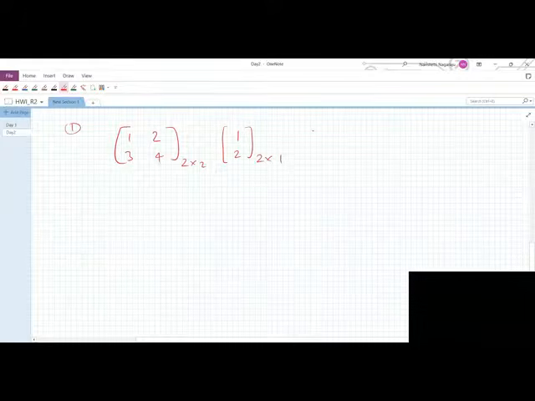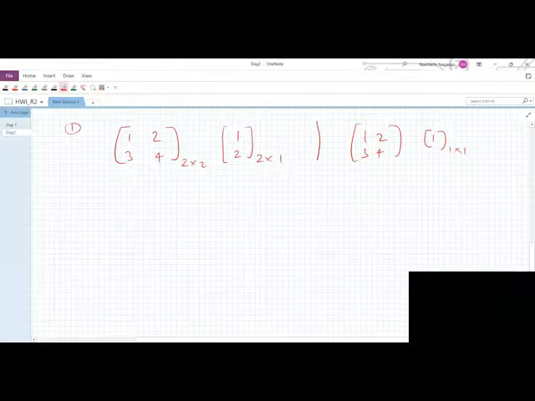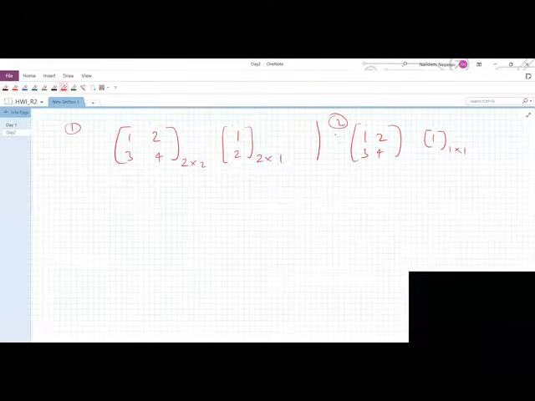This is the first matrix, and here I am writing the matrix 1, 2, 3, 4, and 1 cross 1. This is the second matrix. In these both, is matrix multiplication possible for both, or just possible for the first one, or possible for only the second one? Write down in the comments for which it is possible.